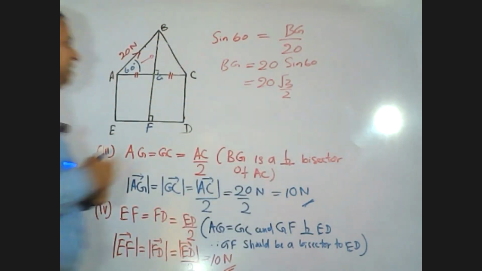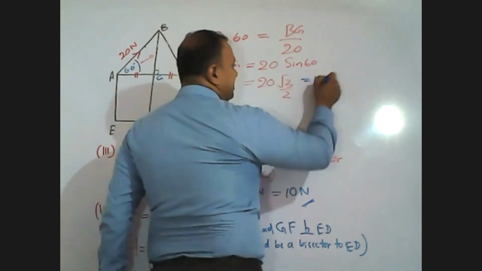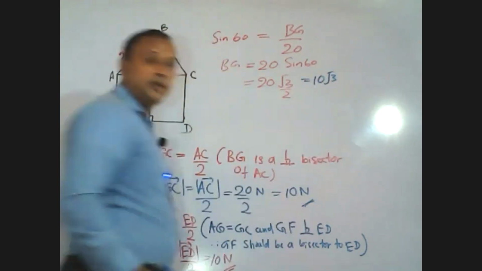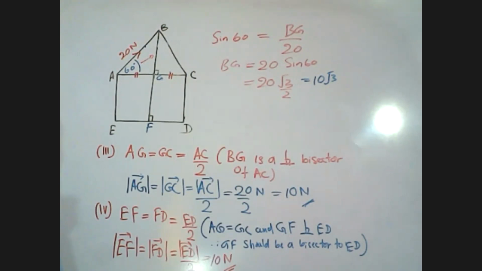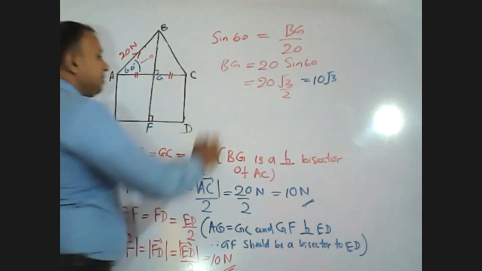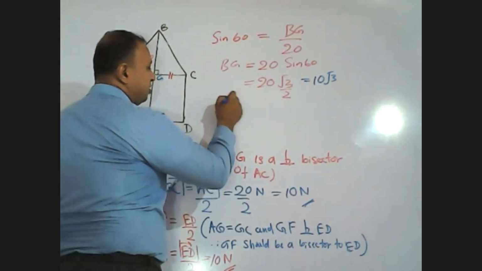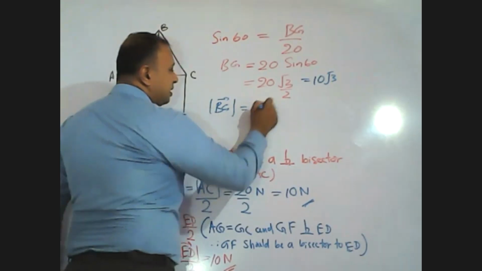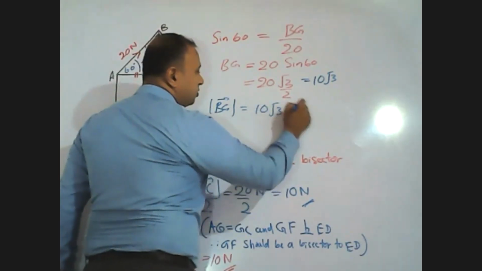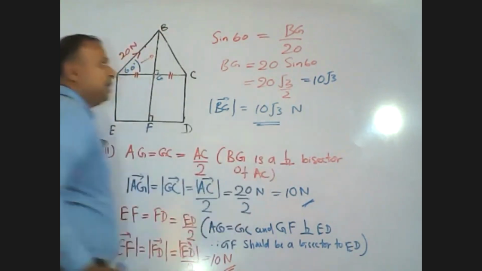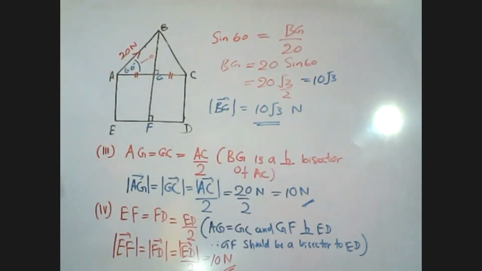That means BG is equal to 10 times root 3. So the magnitude of the BG vector is equal to 10 times root 3 Newton.